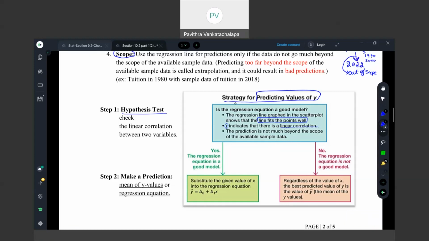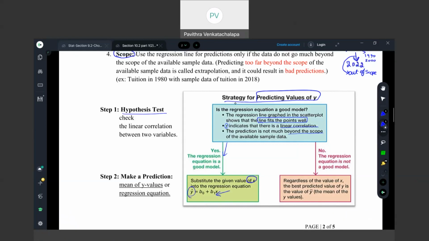Third, is it out of scope or beyond the scope? If it is not out of scope, R indicates a linear correlation, and you have a best line of fit, then you say yes, the regression equation is a good model. So what are we supposed to do? We substitute the given value in this equation and find y cap.